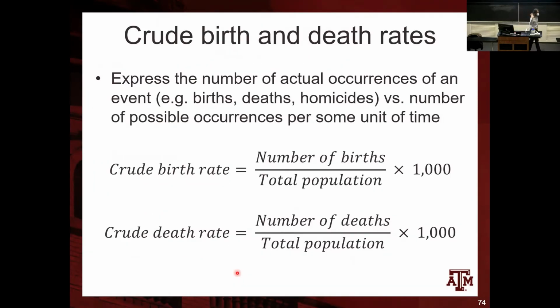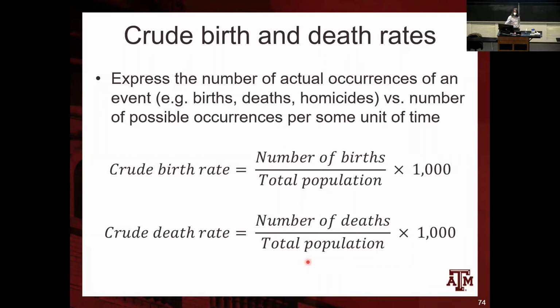Some really simple examples here: the crude birth rate and the crude death rate. They express the number of actual occurrences of an event, in this case the number of births and the number of deaths, versus the number of possible occurrences per specific unit of time. The crude birth rate is not a really good one; the crude death rate is better.